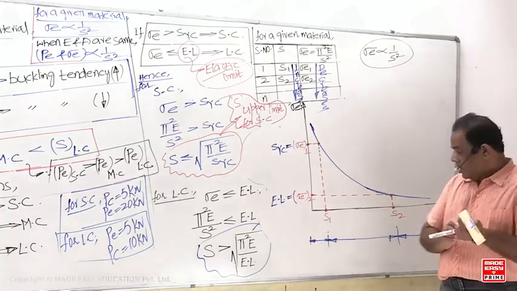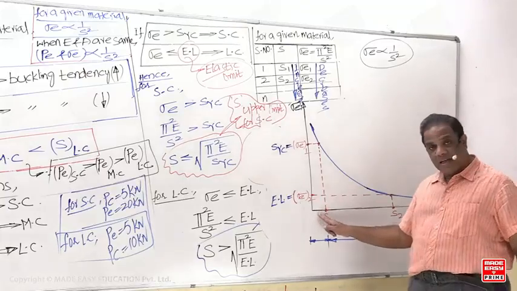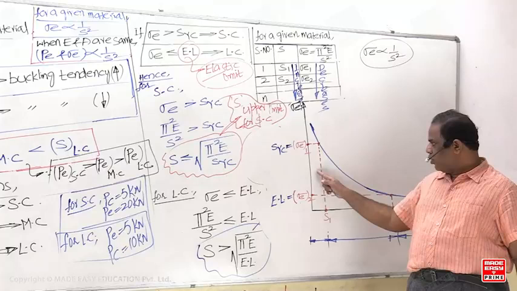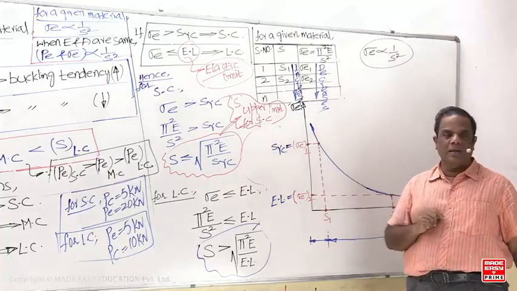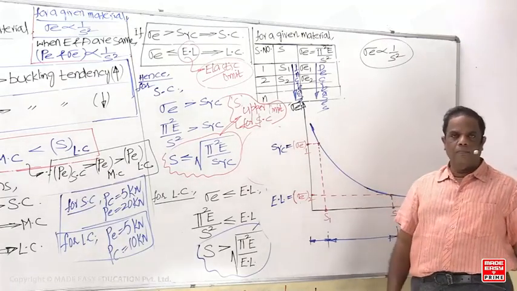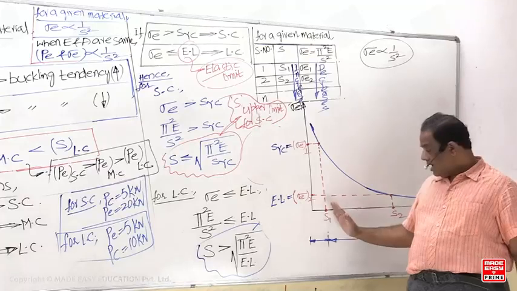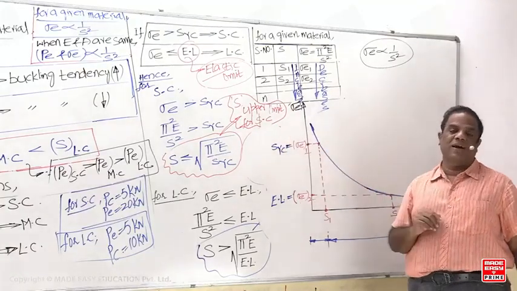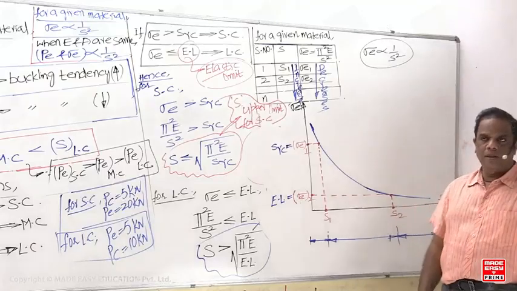Now, if I take any value less than S1, what about the y coordinate? The y coordinate is more than SYC, means crushing will occur. Less than S1, the buckling stress is more than SYC, so it's a short column.